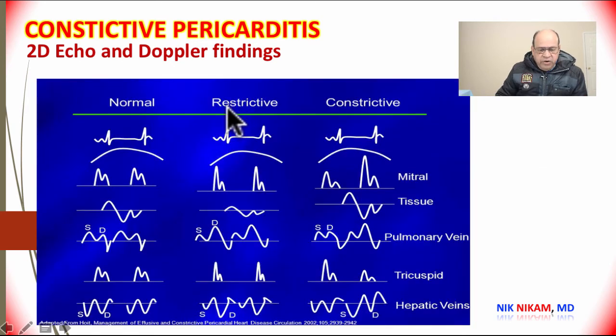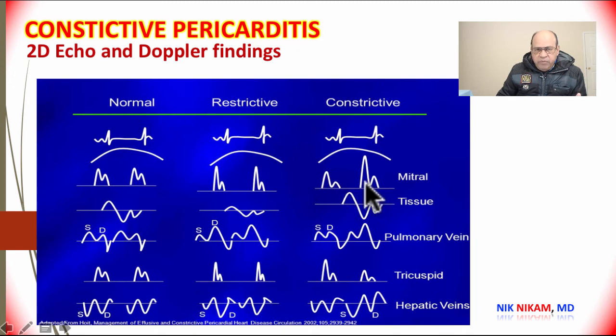Here is a chart showing the differentiation between restrictive cardiomyopathy and constrictive pericarditis in terms of Doppler studies. First, let's look at the mitral valve pulse Doppler. In patients with constrictive pericarditis, there is an exaggerated E wave with diminished A wave.